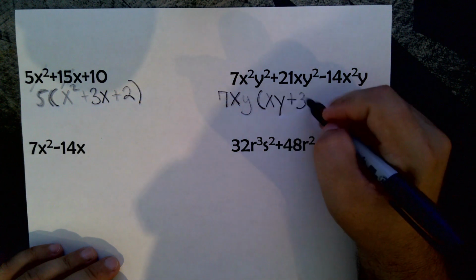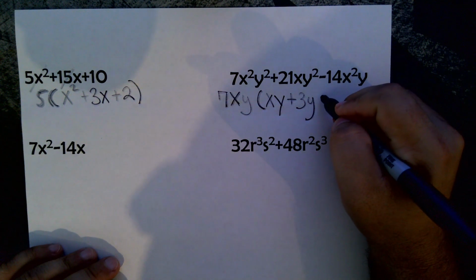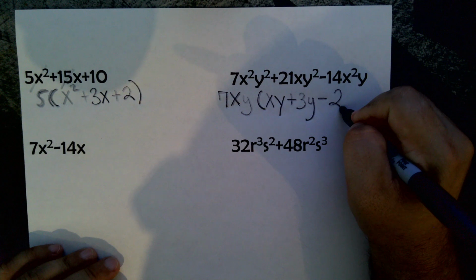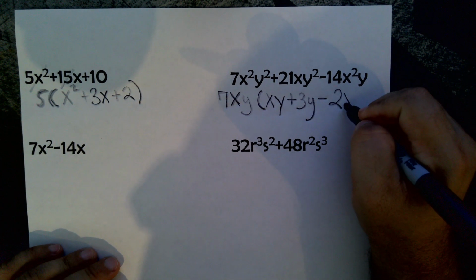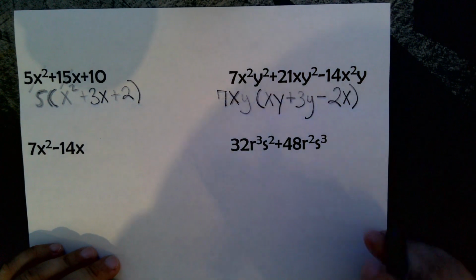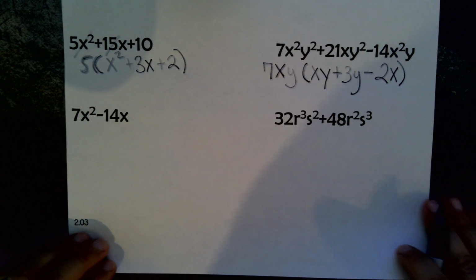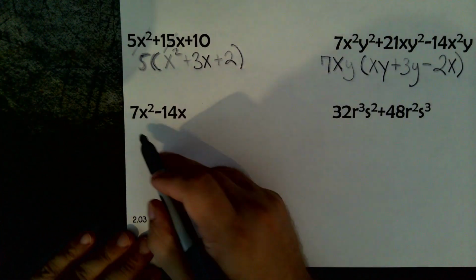We took one of the y's away, but we have one left over. Keep the sign, that's a minus. 14 divided by 7 is 2. We took one of the x's away, there were 2, so now there's a single x. And then we took the one y away that it had, and so we completely factored it out. 7xy.